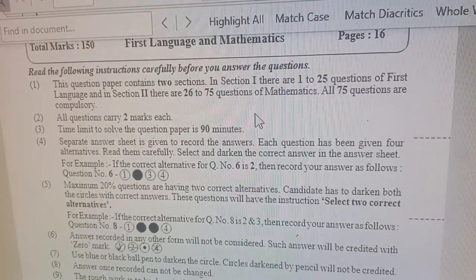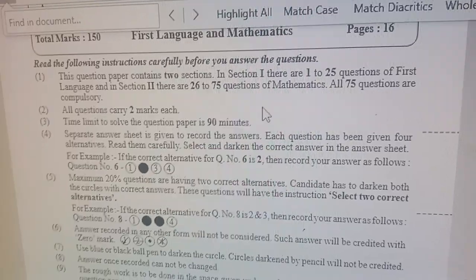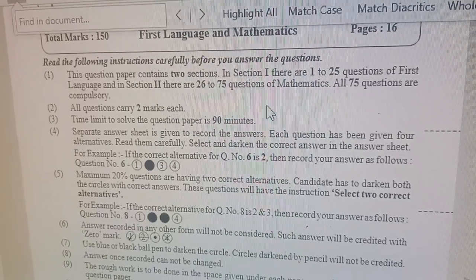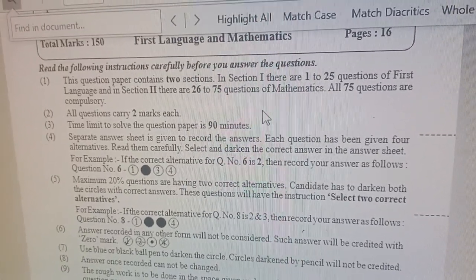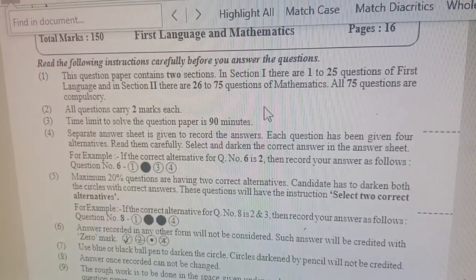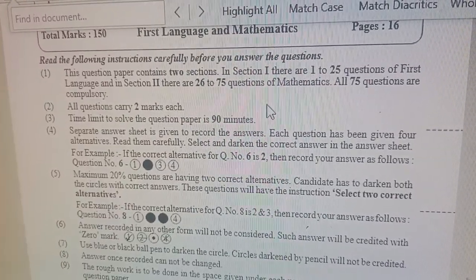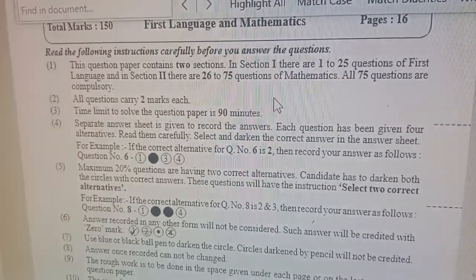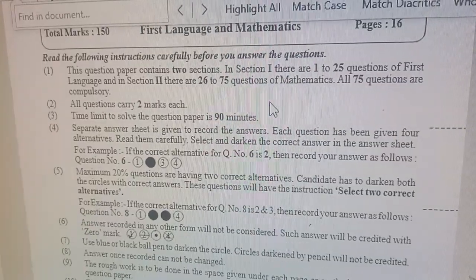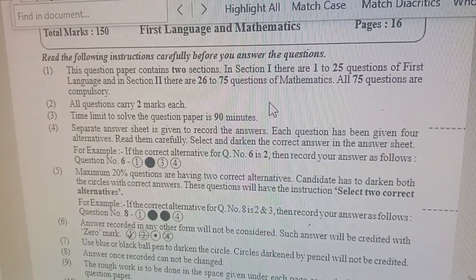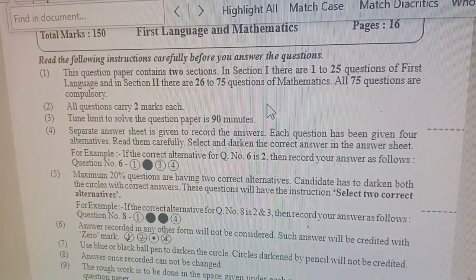Before starting this exam, the paper says: read the following instructions carefully before you answer the questions. First, the question paper contains two sections. In section 1, there are questions 1 to 25 of first language, and in section 2, there are questions 26 to 75 of mathematics.